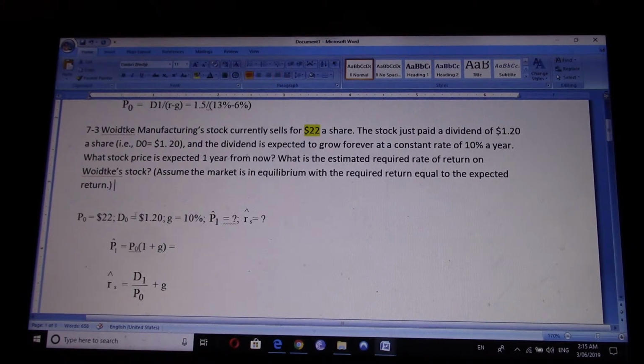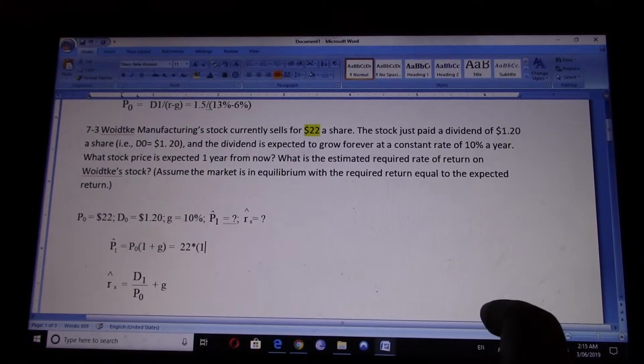Since the stock price increases at the rate of G every year, just like the dividend, the next period stock price should be G% higher than P0. P1 equals P0 multiplied by 1 plus G, so it equals 22 times 1 plus 10%.